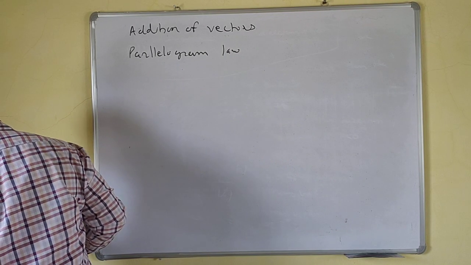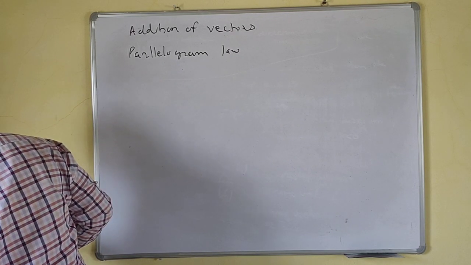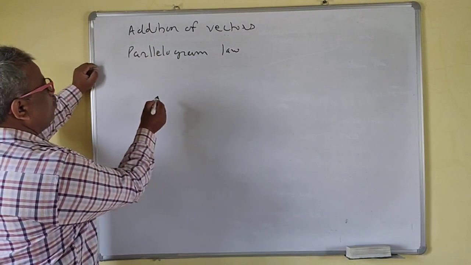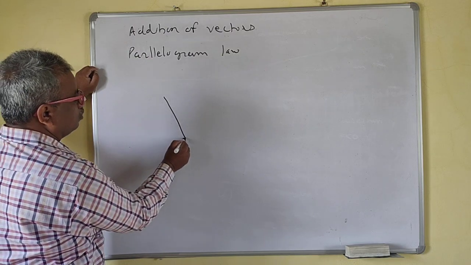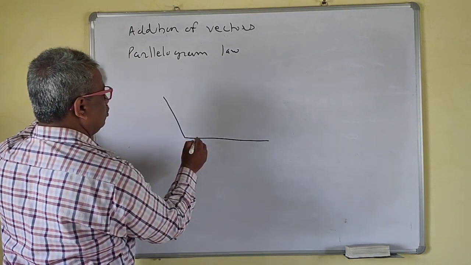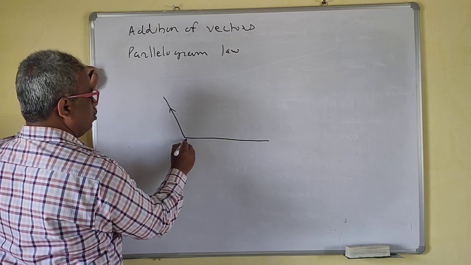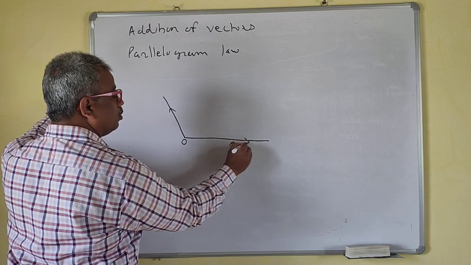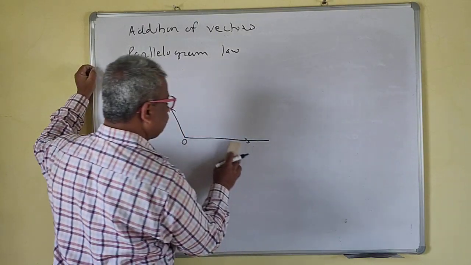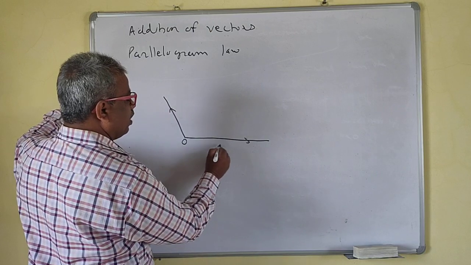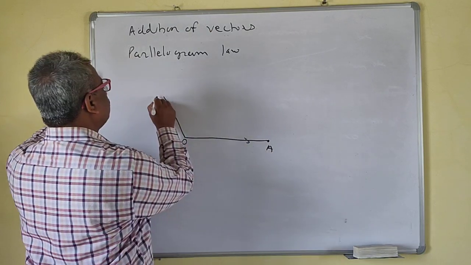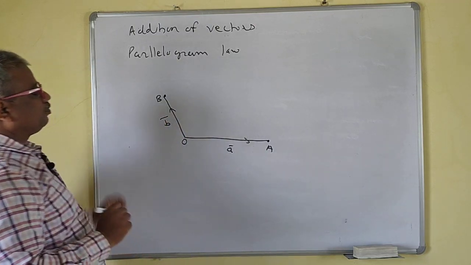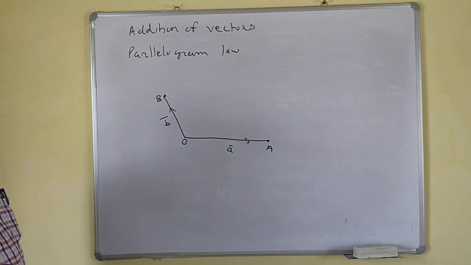So for addition of vectors, suppose this is a bar, and suppose this is b bar. Okay, and we want to take the addition of these two vectors.